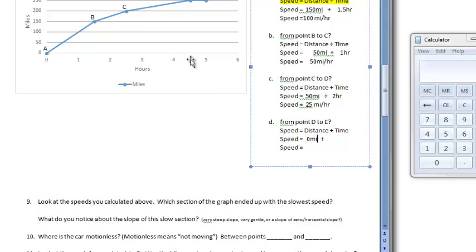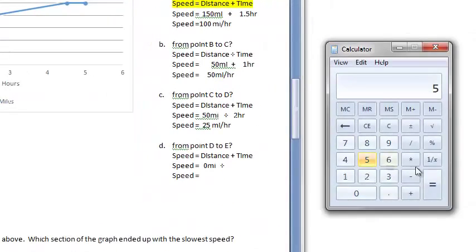We started for the time at 4.5 hours, and we ended, when we look at point E, right about 5 hours. So I could think, what's the difference between 4.5 and 5? If you're not sure, subtract. 5 minus 4.5 is 0.5.